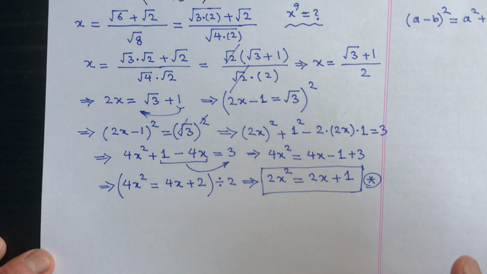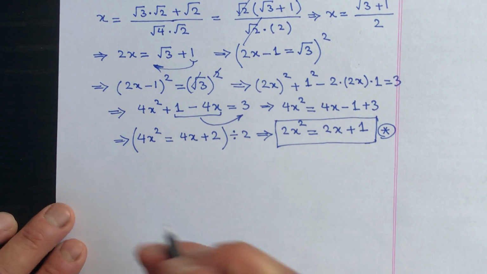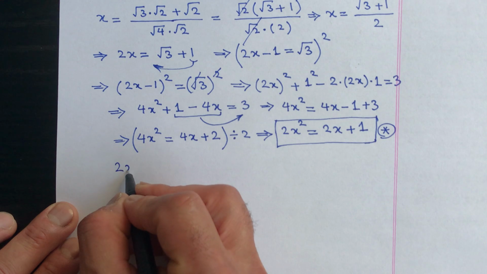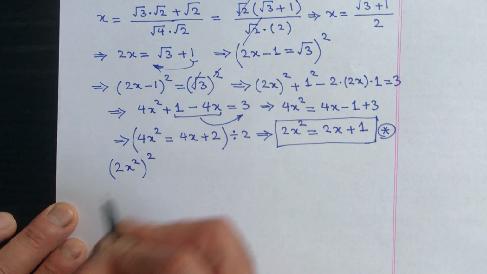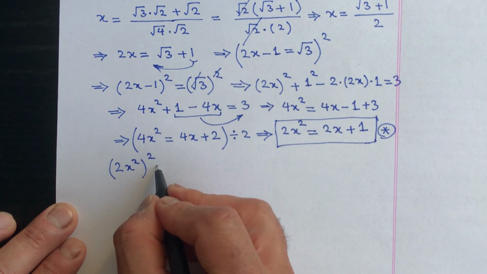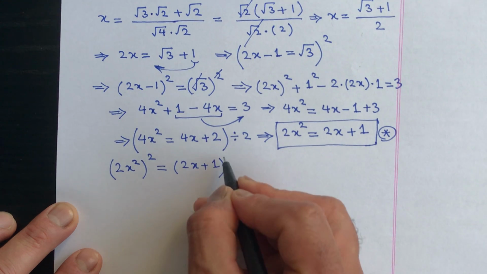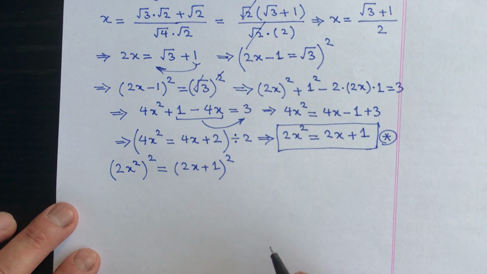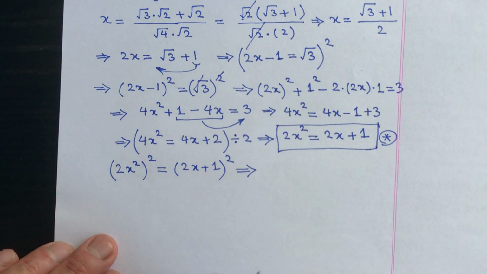At the first step, I raise both sides of this expression to the power of 2 again. So I write it again here: 2x squared, raised to the power of 2, equals 2x plus 1 raised to the power of 2. Again, I can use that formula here.